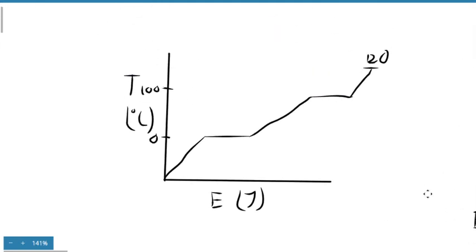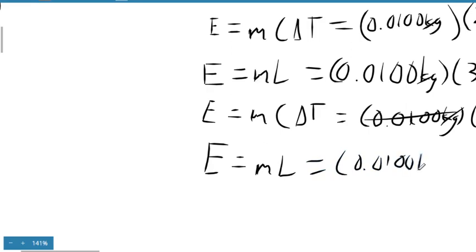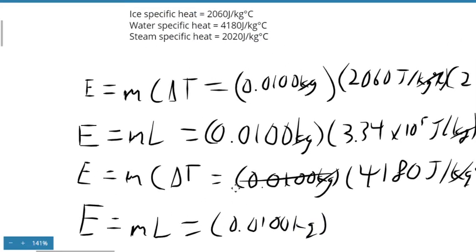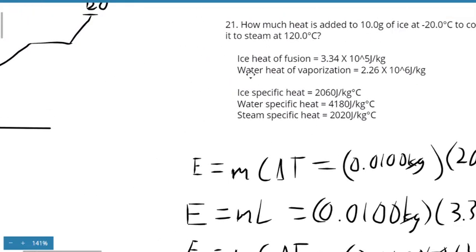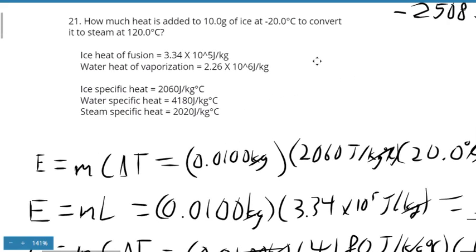Then the last two, we're at another plateau, so we put E equals mL. L equals m, same as always, 0.0100 kg. Then multiply that by the latent heat, or in this case, water heat of vaporization. I'll expand it first before I write it. 2.26 times 10 exponent 6 is 2,260,000.